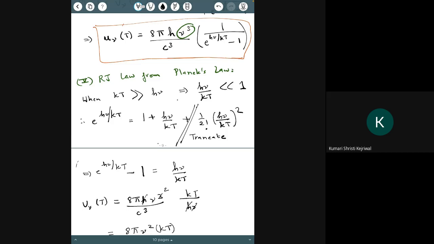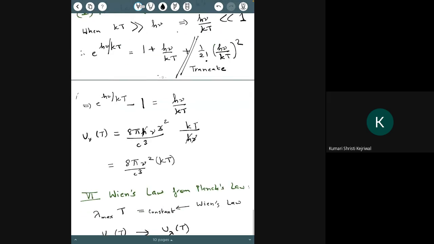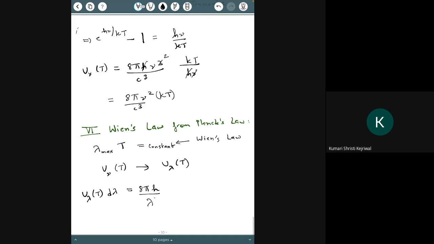I can write nu as c by lambda, so nu cubed by c cubed is equal to 1 by lambda cubed.